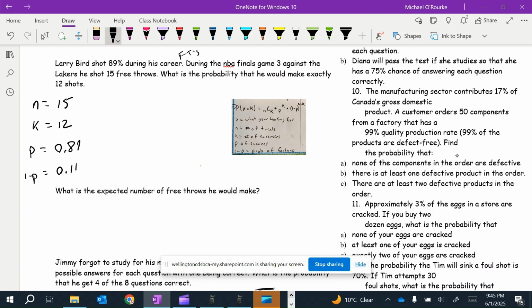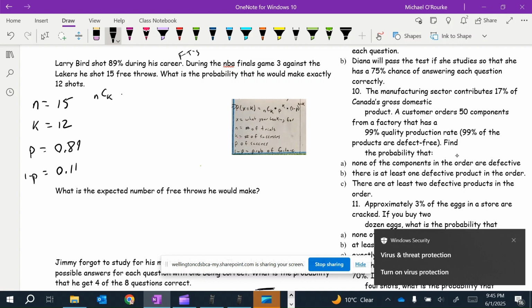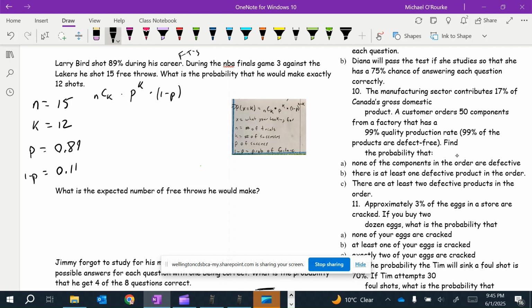So we're going to write it down. nCk times p to the power k times 1 minus p to the power of n minus k. So we're looking at 15 choose 12, then 0.89 to the power of 12 times 0.11 to the power of, how many misses do we want? 3.